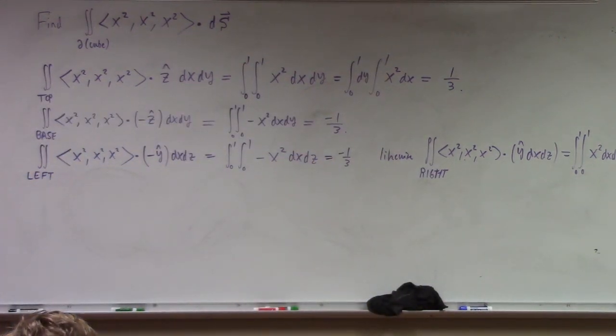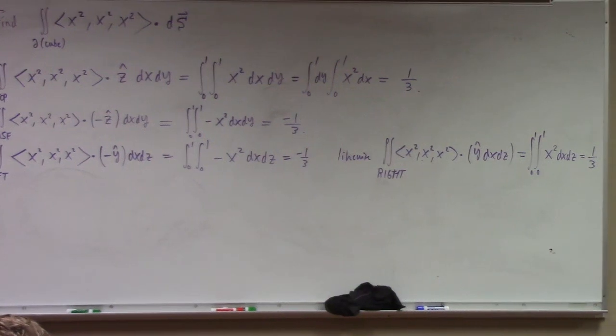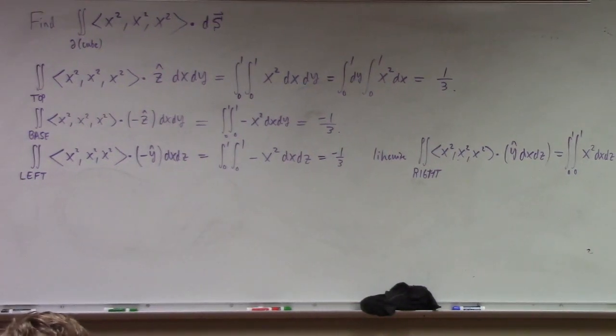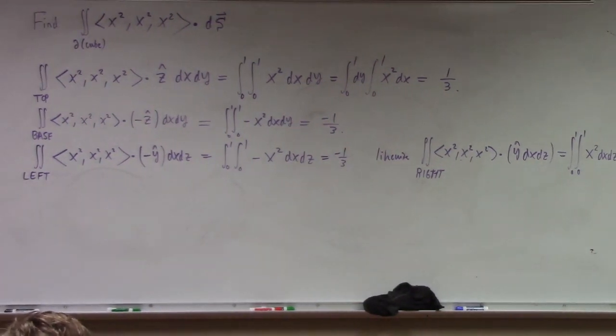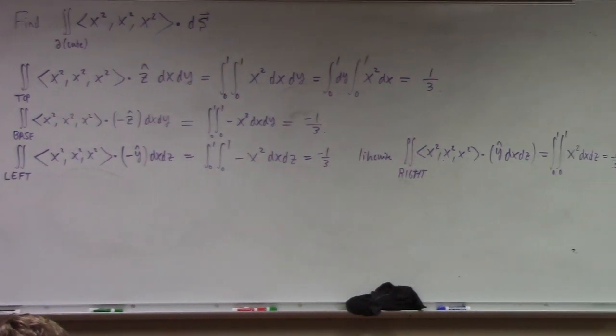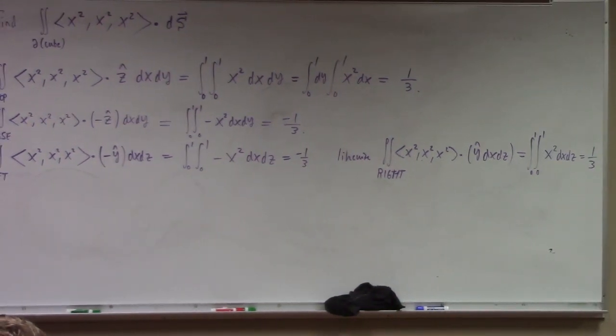So it looks like the flux through the top and base, and the left and right, are equal and opposite, canceling out. Starting to feel like this might work out to 0. Does it? I don't know.